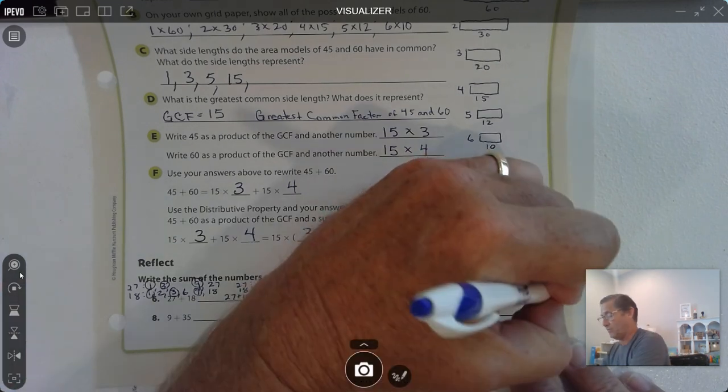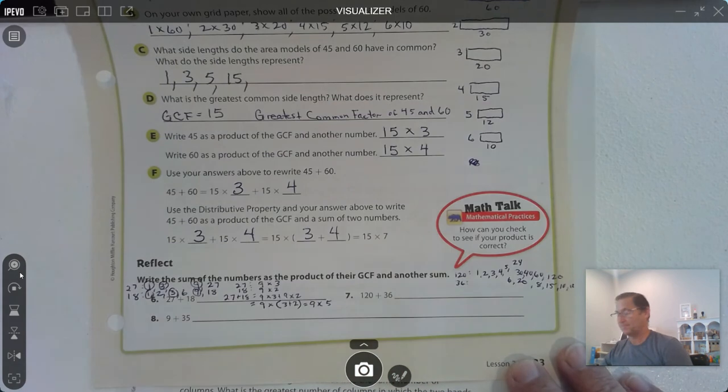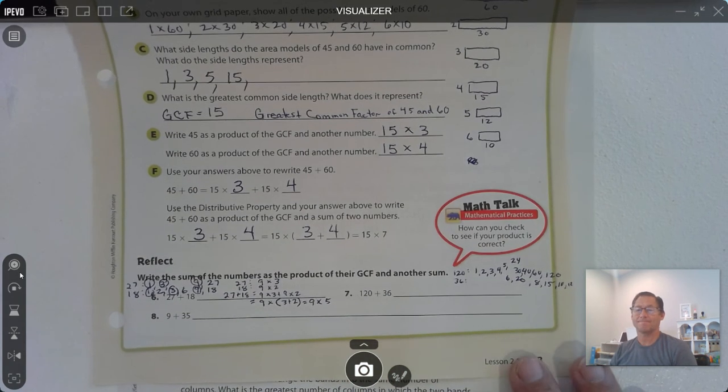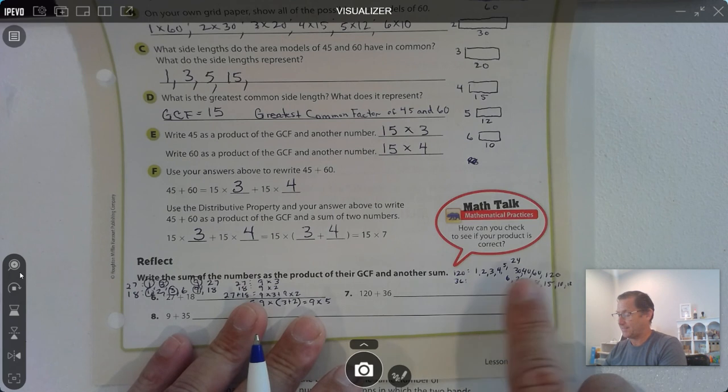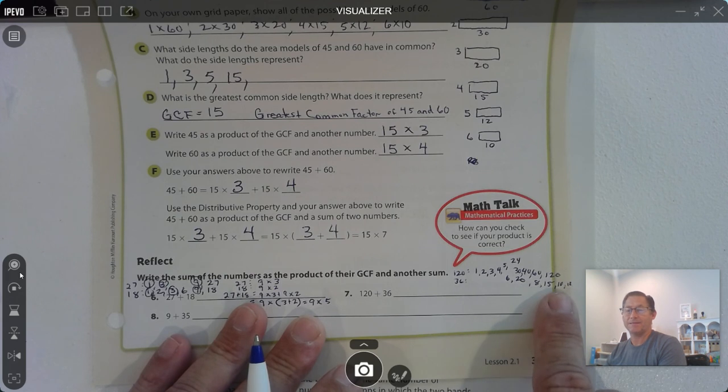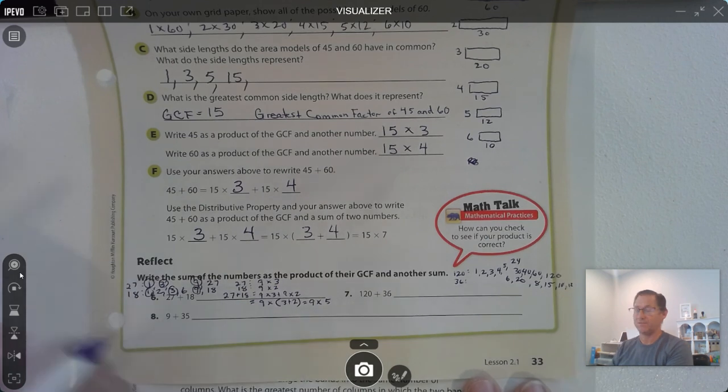And 10 and 12. Okay, 1 times 120, 2 times 60, 3 times 40, 4 times 30, 5 times 24, 6 times 20, 8 times 15, and 10 times 12 are all factors of 120.